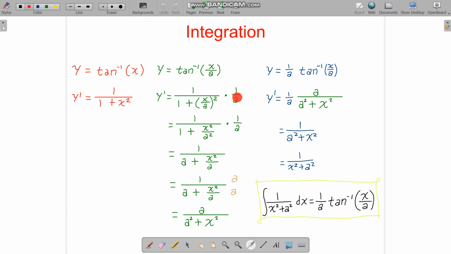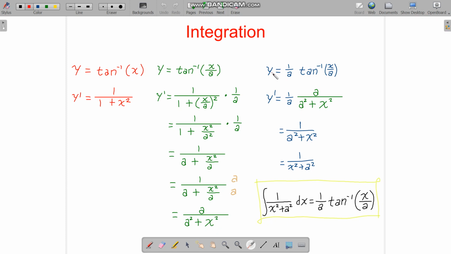Apply the chain rule here, and if we simplify here, we square both parts of the fraction, and we multiply by a, the denominator, times a, and if we again multiply both parts of the big fraction by a, we don't have fractions in fraction anymore. Now we have a over a squared plus x squared.